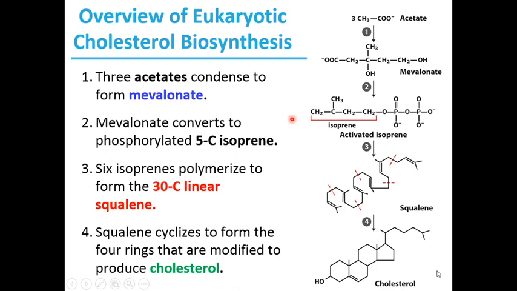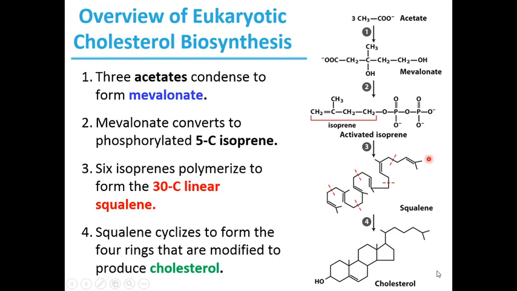This slide describes a brief overview of eukaryotic cholesterol biosynthesis. Synthesis of cholesterol takes place in 4 stages, as shown in this figure. In the first stage, condensation of 3 acetate units results in the formation of a 6-carbon intermediate, mevalonate. Conversion of mevalonate to activated isoprene units happens in the second stage. The activated isoprene is a 5-carbon unit.